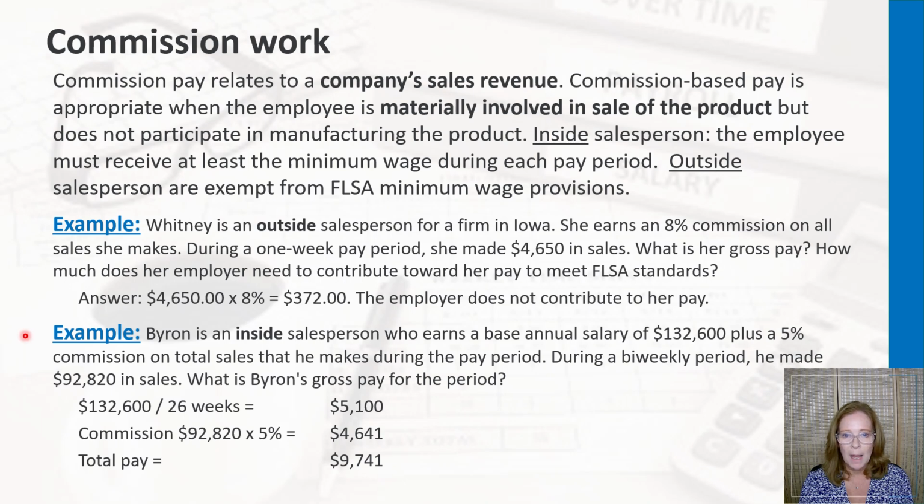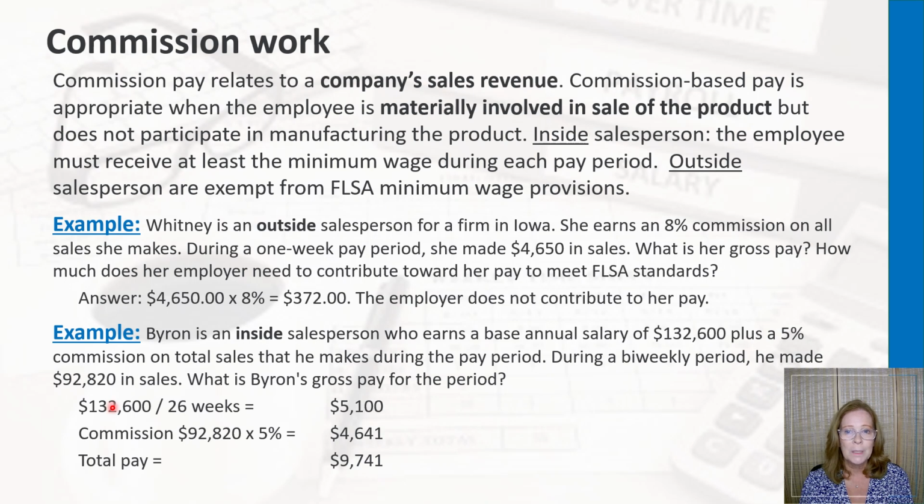But let's look at Byron. He's an inside salesperson. He earns an annual salary of $132,600 plus 5% commission on total sales that he makes during the pay period. So during a biweekly period, he had $92,820 in sales. How much is he getting paid?